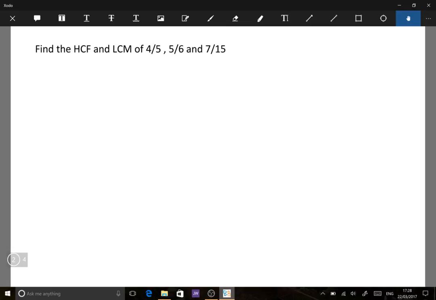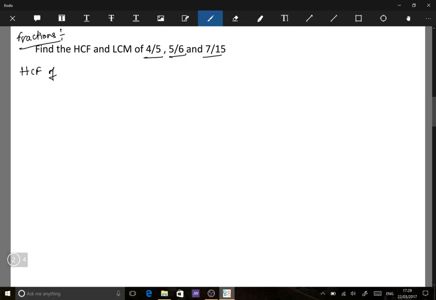Okay, see, find the HCF and LCM of 4 by 5, 5 by 6 and 7 by 15. So this type is nothing but fractions. HCF of fractions is nothing but HCF of numerator divided by LCM of denominator.